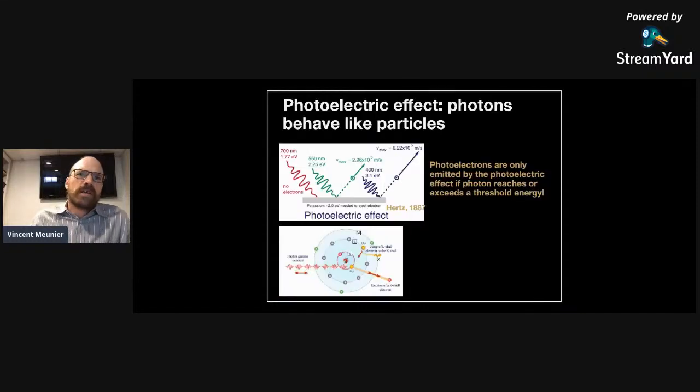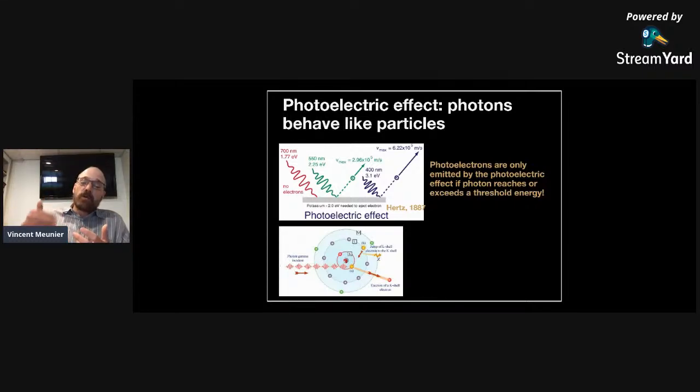Of course, there were other examples, like the experiment in 1887 by Hertz, the same Hertz from whom the unit for frequency comes, where the photoelectric effect showed that what matters to extract electrons from a material is not the intensity of the light that you shine. Instead it's the energy of the light that you shine. So the frequency matters more than the intensity.